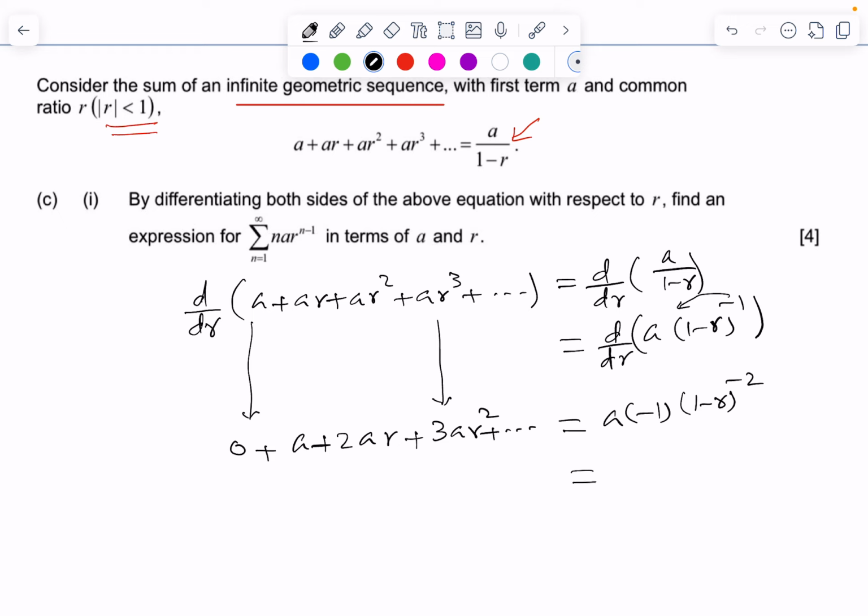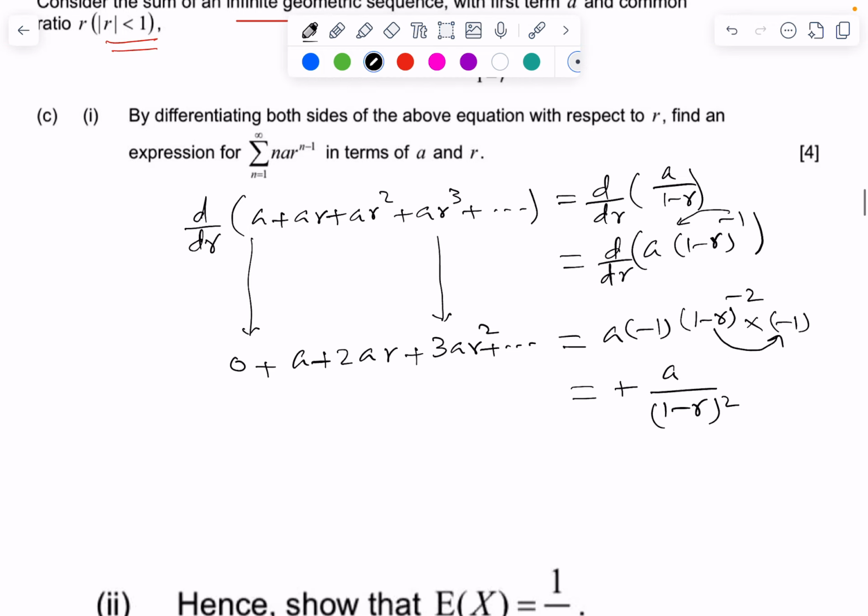So the answer is minus a upon 1 minus r, bracket square. Now I have to multiply by minus 1 for the differentiation of minus r, so this will become positive. So this is what they asked us to show.